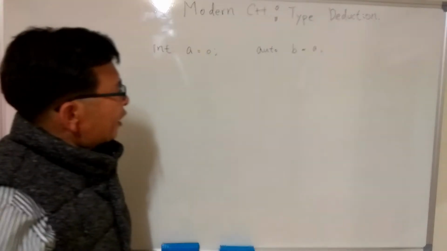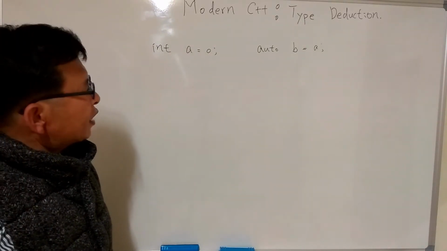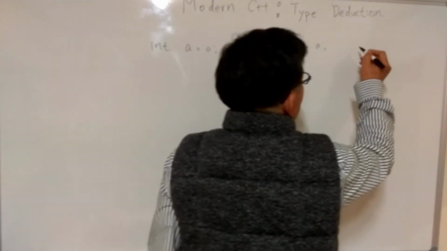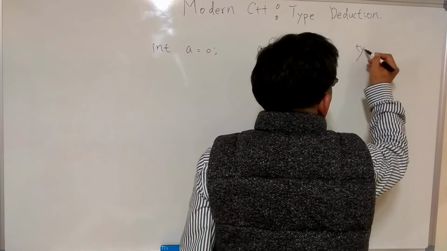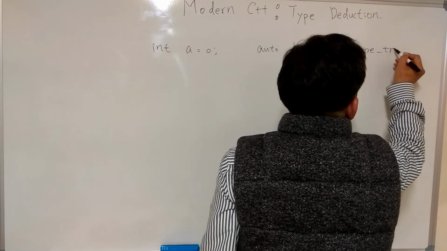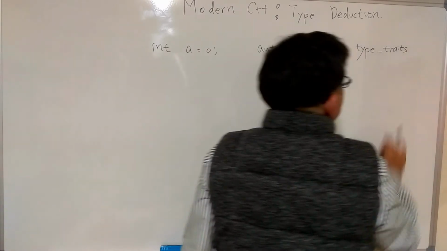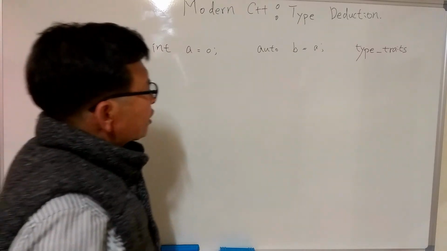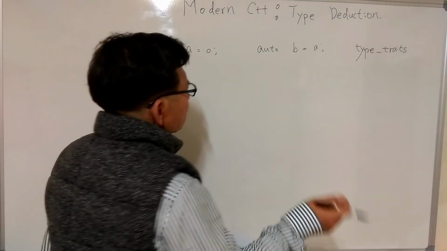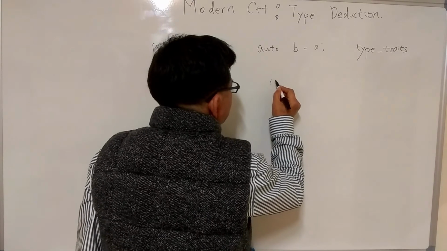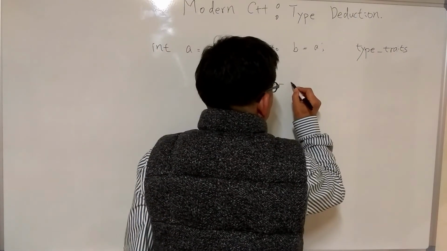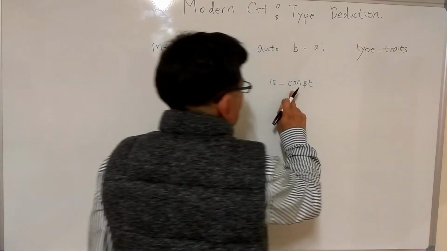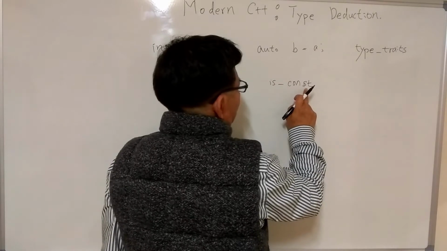There can be various ways, but in C++11 there is a header file called type_traits. This header file has some type trait functions, like for example is_const. This is a template function.